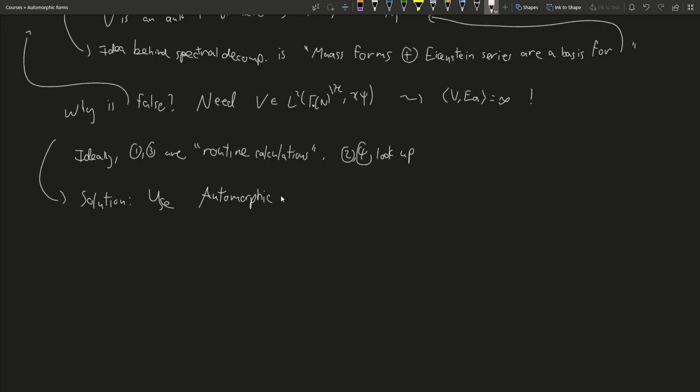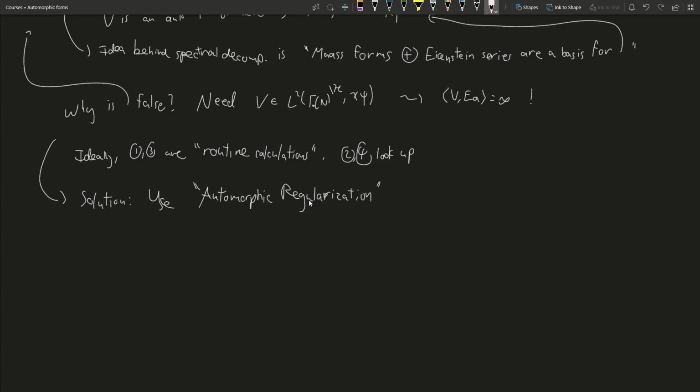I'm going to put some quotes around this, because this is a non-standard term. I've seen it appear in a few places, right? It appears in Takhtajan and Vinogradov, etc. But if you say automorphic regularization, people are probably not going to know what you're talking about.